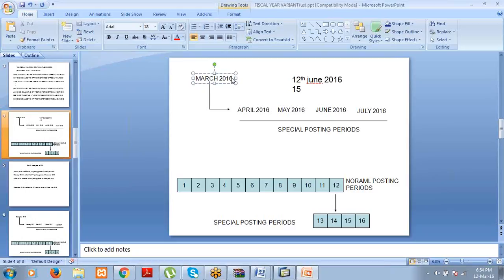But in the case of US companies, 31st December, right? Generally, these adjustments will be posted on the last day of every fiscal year. Otherwise, you can give any date in the previous year on which the adjustments are to be posted. So this is the concept of the fiscal year relating to Indian companies and US companies.